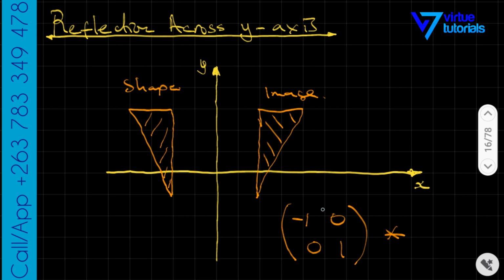What is the purpose of this matrix here? We can use this matrix to find the coordinates of the image given the coordinates of the original shape. What do we have to do? We multiply this matrix by the coordinates of that original shape.